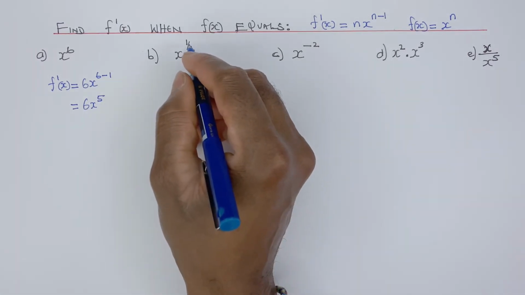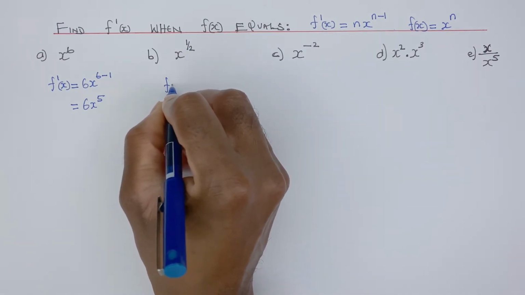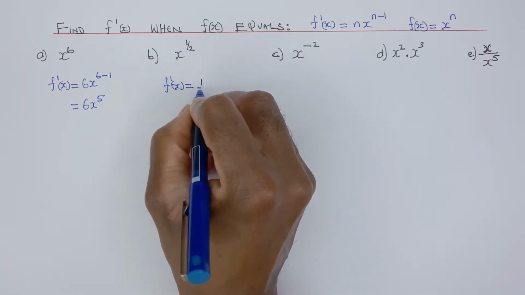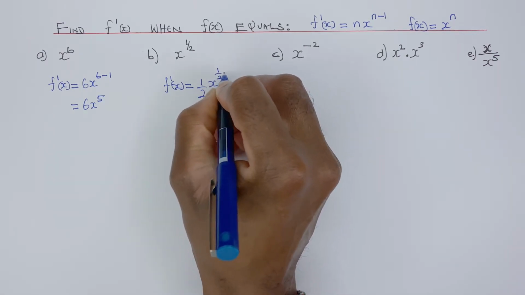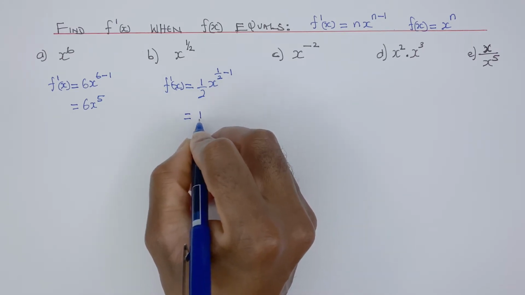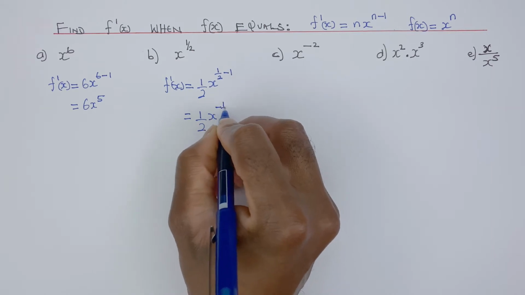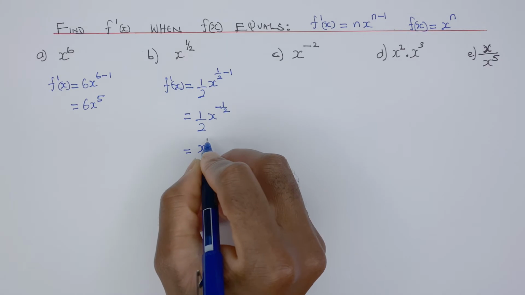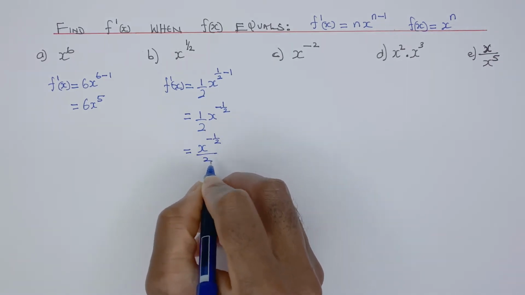n is a half here, so we'll be going f dash x equals a half x to the power a half minus 1, and that will be a half x to the power minus a half, which can be written as x to the power minus a half over 2.